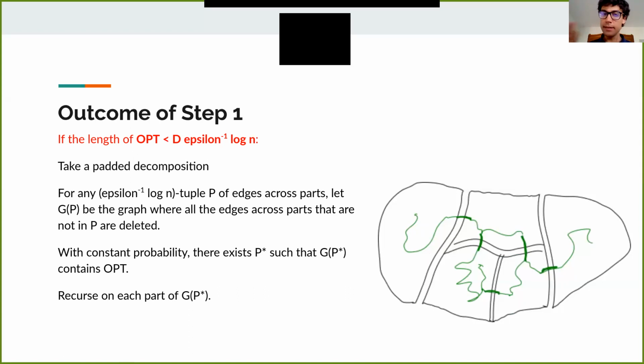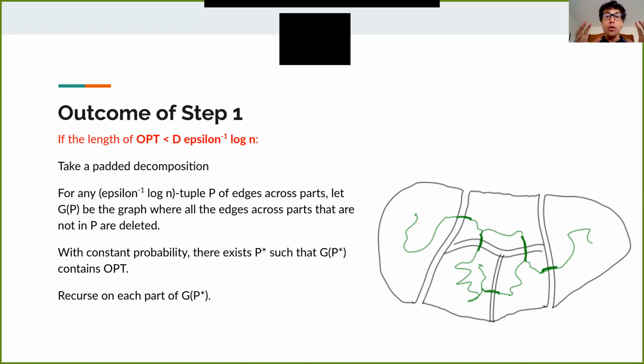Forget about the probability. Let's assume that this happens with probability 1, even though it needs more work to happen with higher probability, but let's not worry about that. What I'm saying is, pick a log n over epsilon size subset of edges crossing the partition. Over all these subsets, one of them contains all the edges of opt crossing the partition.